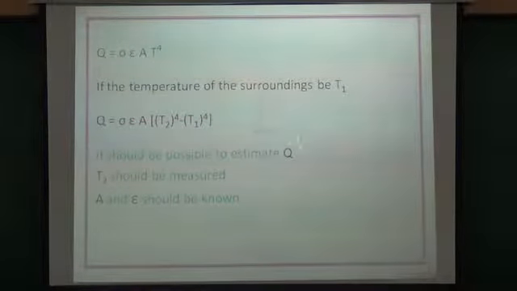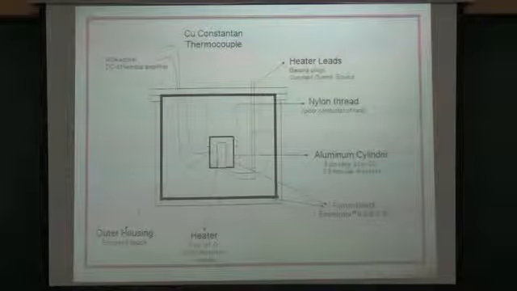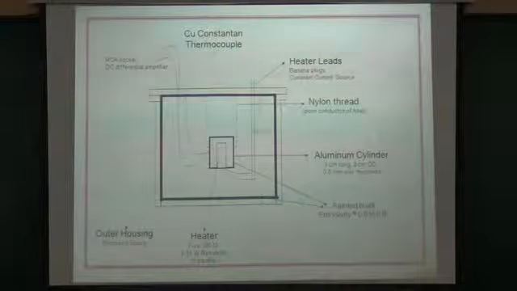We should be able to estimate the value of Q, and if T2 is measured, then we can find out the value of sigma, because A is known, A is the area of the sample, and epsilon we can basically make it to 1, or close to 1. So this is the schematic diagram of the experiment.